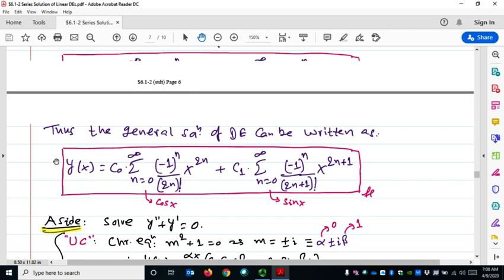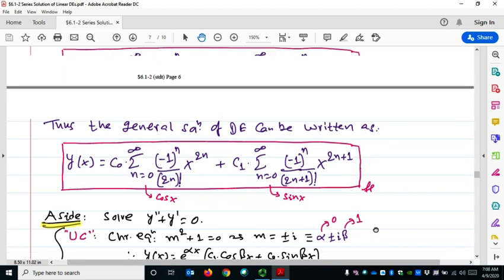We got the solution of the given differential equation: C0 times one solution, y1, plus C1 times another solution, y2. Great.